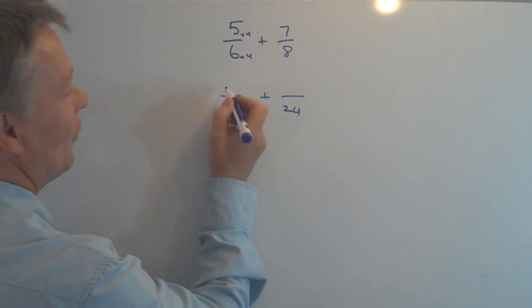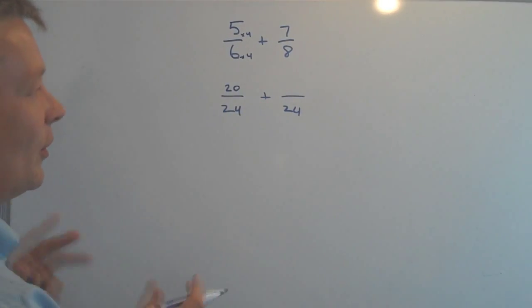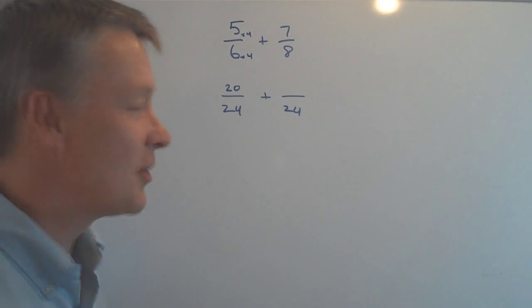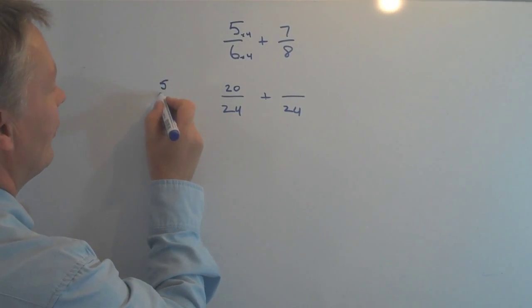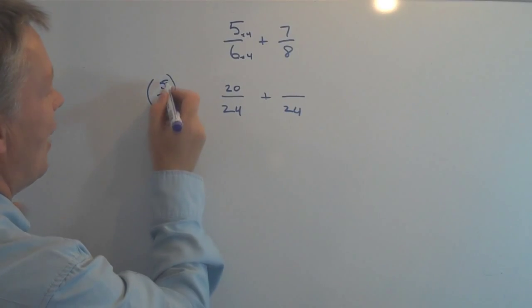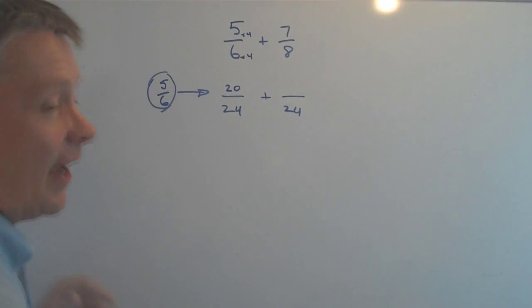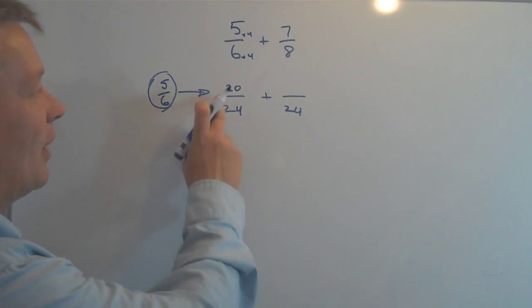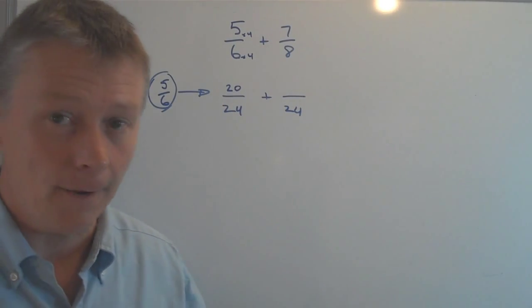So 5 times 4 is 20. So 20 over 24 is exactly the same as 5/6. The fraction itself is the same as 20 over 24. All I've done is make my numbers a little bit bigger.